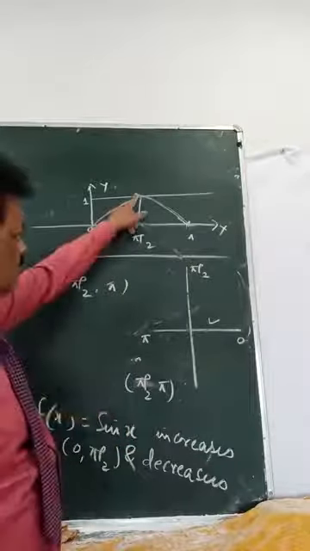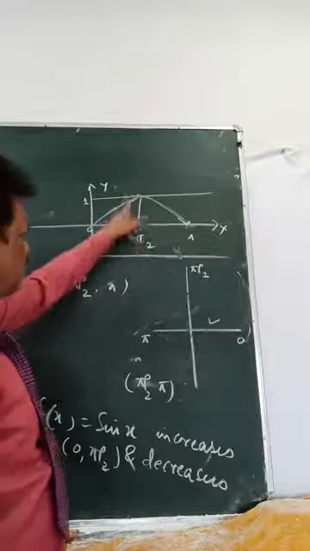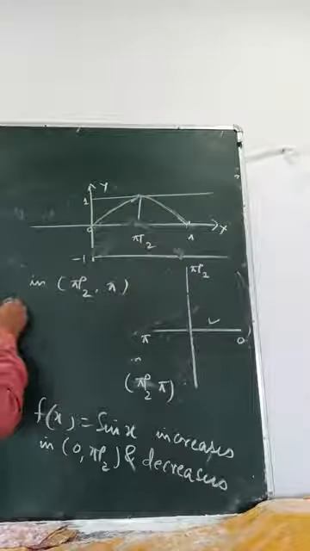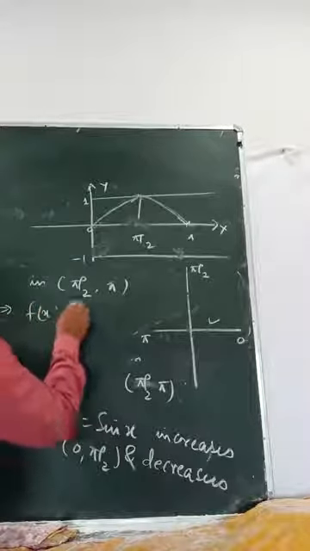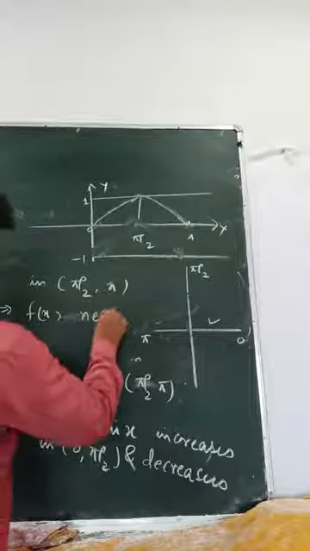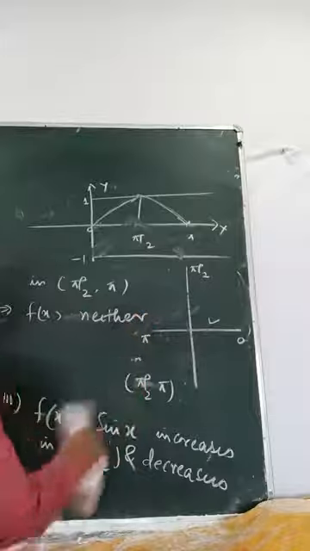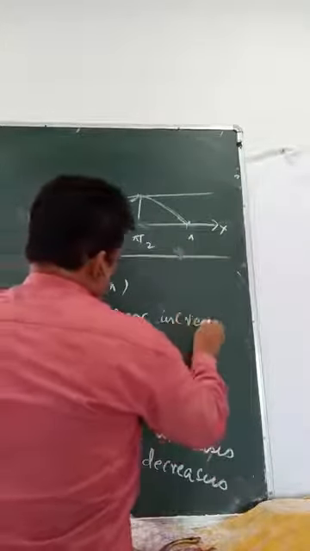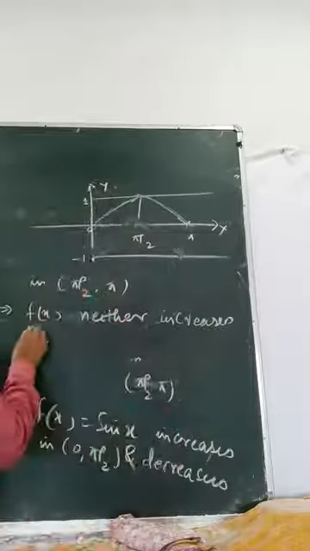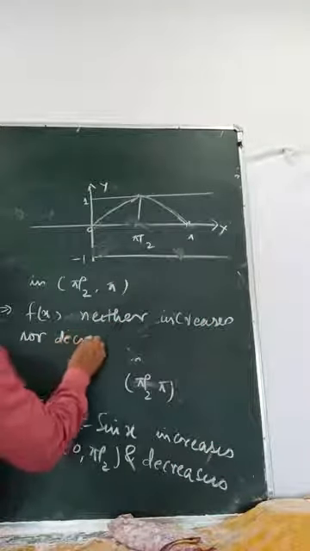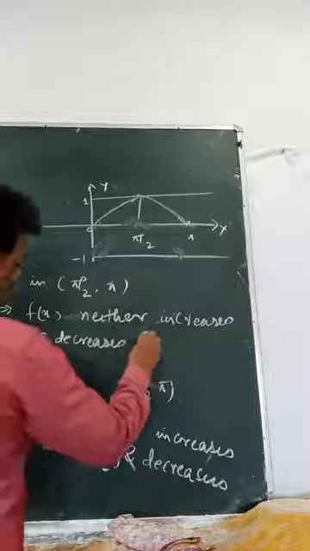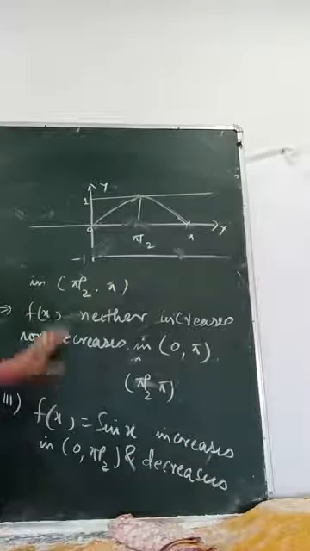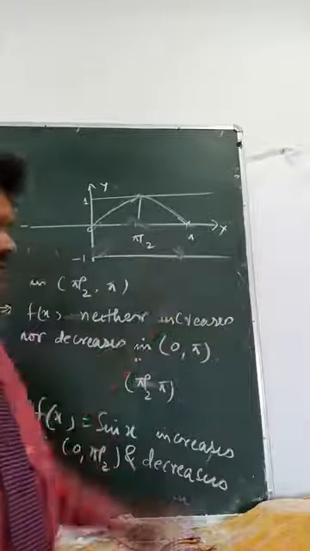So it increases here, decreases here, which means it neither increases nor decreases from 0 to pi. So this implies f(x) neither increases nor decreases in 0 to pi.